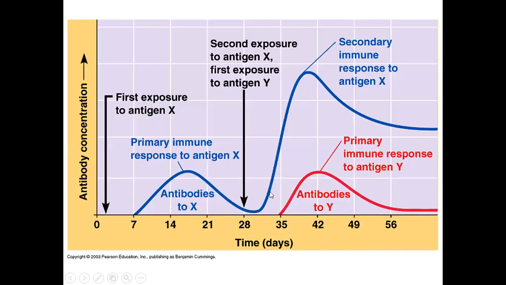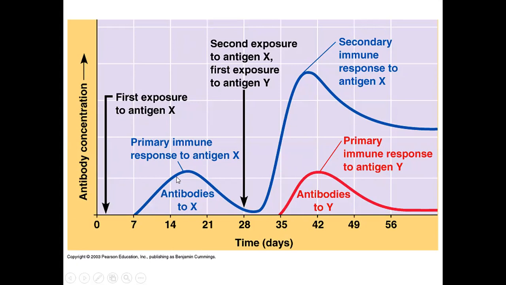This is a clearer figure for primary and secondary immune response. Antibody concentration. We have two antigens, X and Y. In the first exposure to antigen X, there is a primary immune response to antigen X, or formation of antibody anti-X.